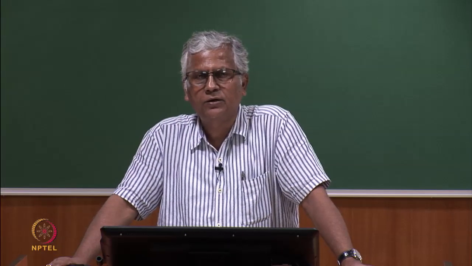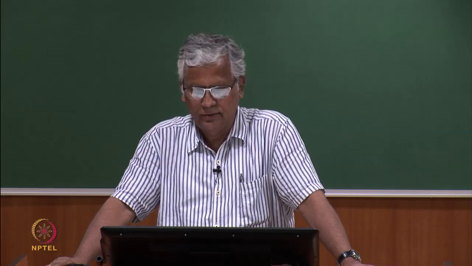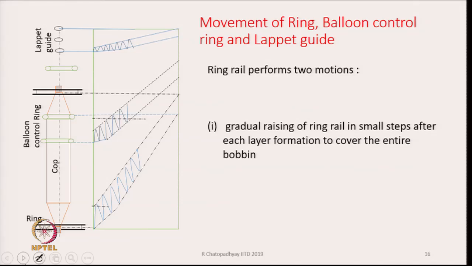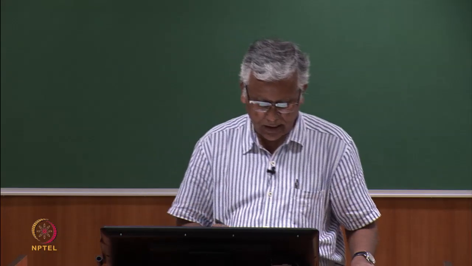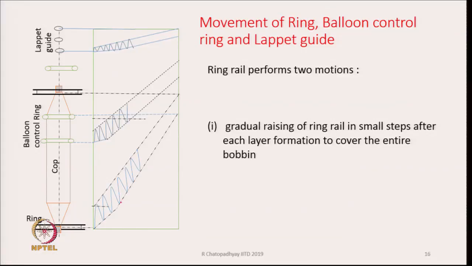Now, for laying the yarn, what do we need? We have to move the ring rail and traveler combination, acting as a guide for laying the yarn on the bobbin. So, the ring rail has to move up and down. We have seen the way the ring rail should move, as depicted in this diagram also. The ring rail performs two motions.